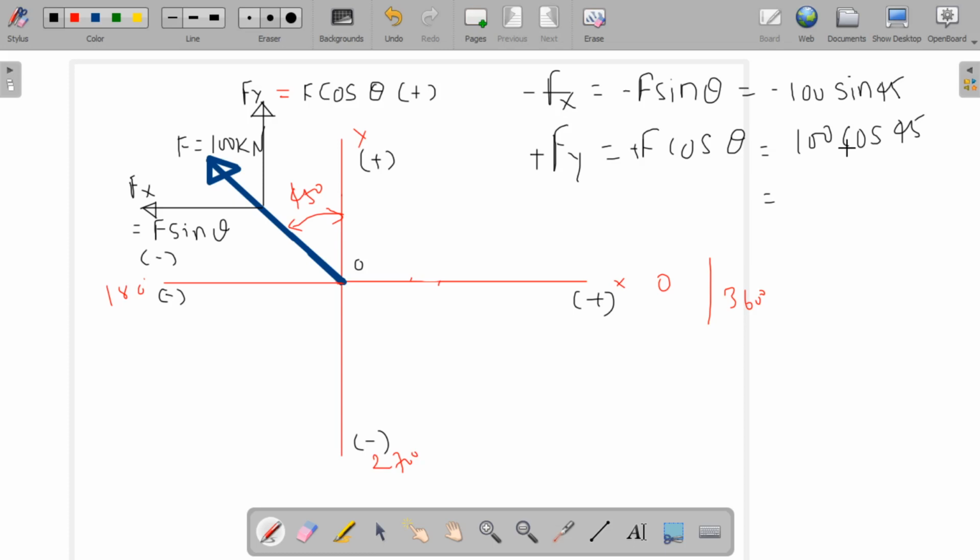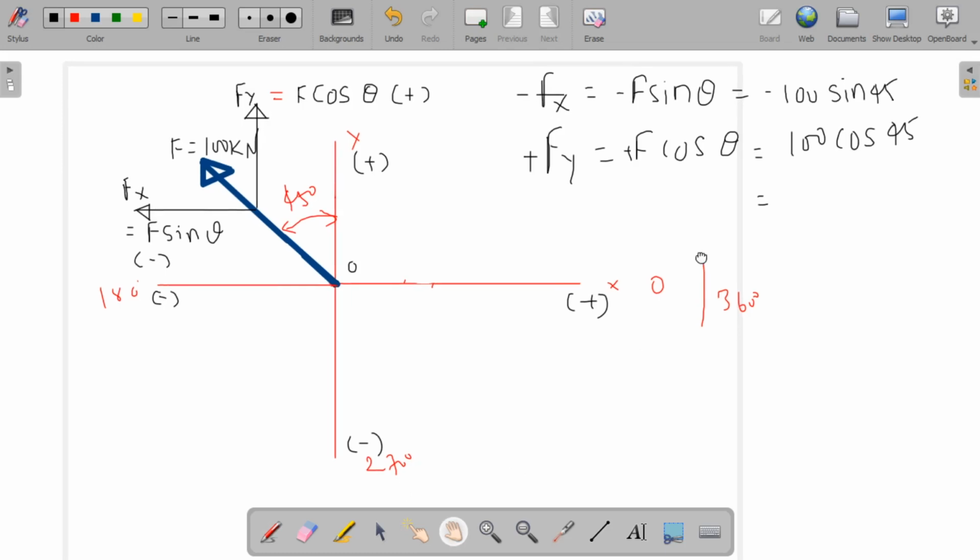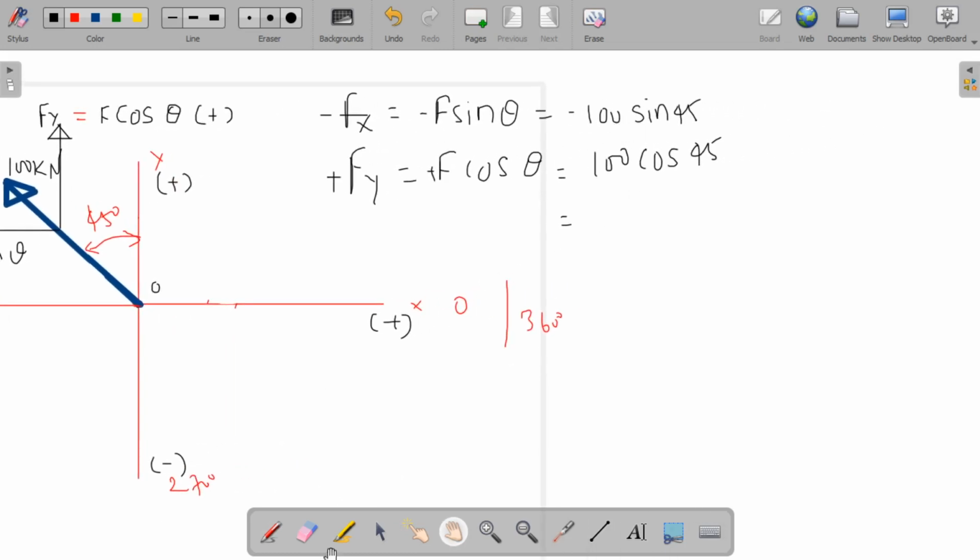ओके, सो द क्वेश्चन वाज ऑफ 100 किलो न्यूटन. So the answer will be for fx, if you put this value in calci, minus 70.71 kilonewton, because it is in kilonewton.